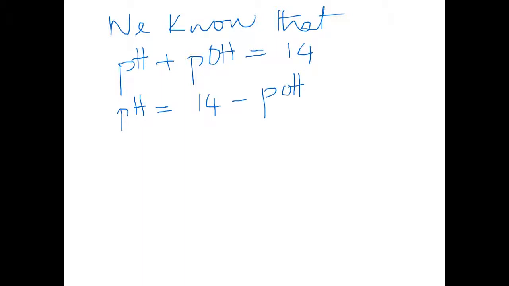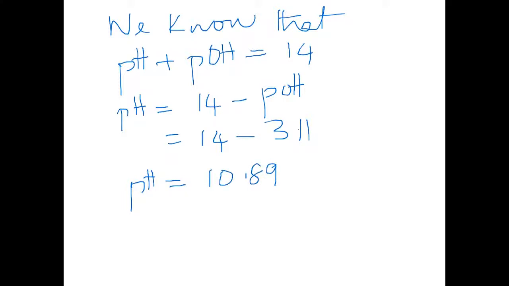Since we calculated pOH, that would be equal to 14 minus 3.11, or the pH is equal to 10.89. And as we already know, basic solutions have a pH greater than 7, and therefore our calculation represents a higher value for the pH, which is obviously correct in this case.